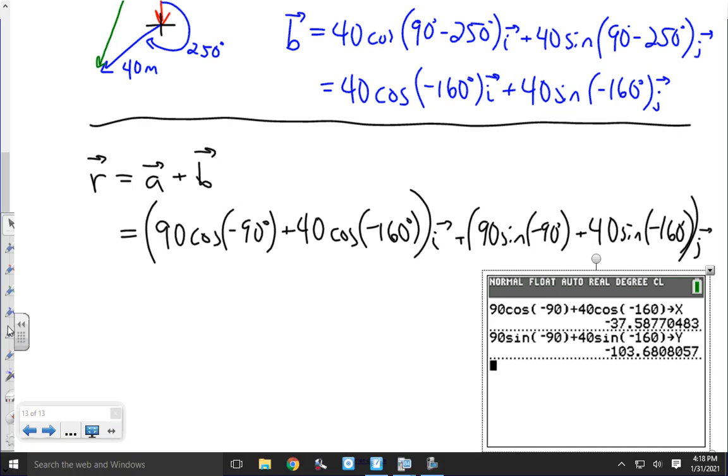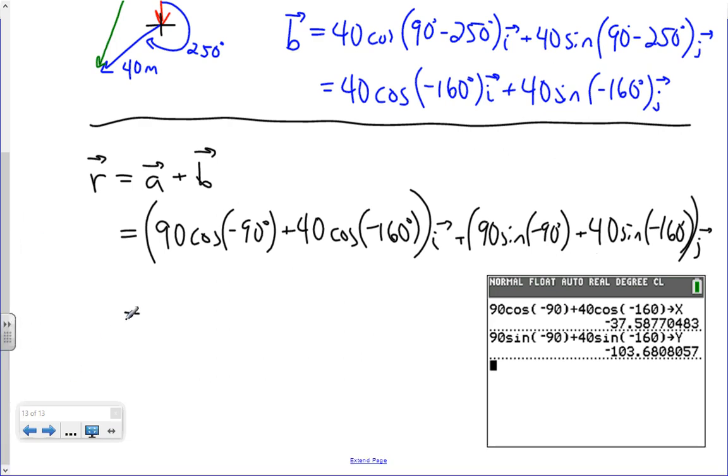All right, so let's rewrite these. We've got the i part here is the negative 37.588 times vector i. And the y part of this is a minus 103.681, it looks like, and that's times vector j.